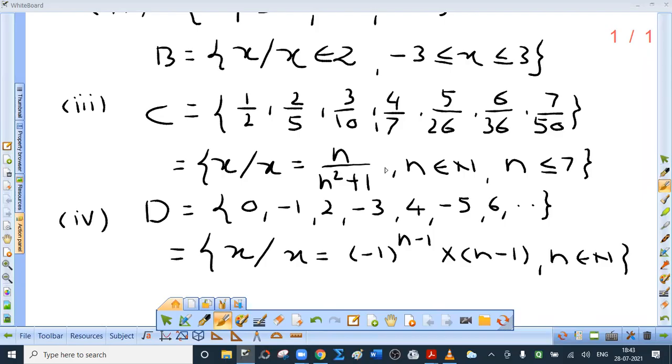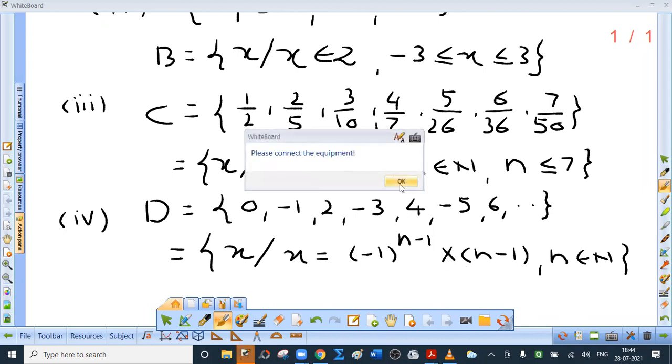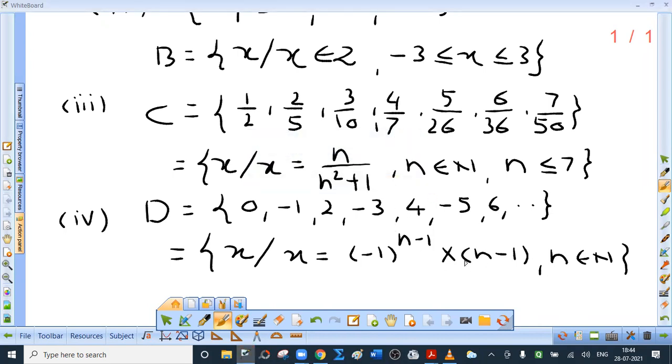Set D: 0, -1, 2, -3, 4, -5, 6. So even integers, I'm sorry, 0, 2, 4, 6 have positive signs, and odd integers 1, 3, 5 have negative signs. So can I say D is all x such that x equals -1 raised to n minus 1 into n minus 1, where n is a natural number.